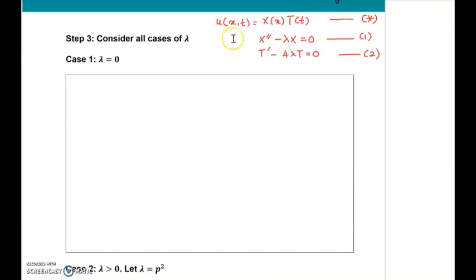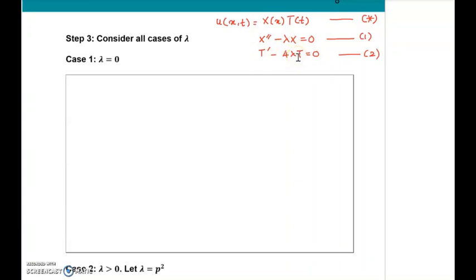I put the three important equations here so that I don't have to scroll up and down. All right, step number 3 is to consider all cases of lambda. Look back at equations 1 and 2 here. We have the lambda involved, and lambda is a constant.